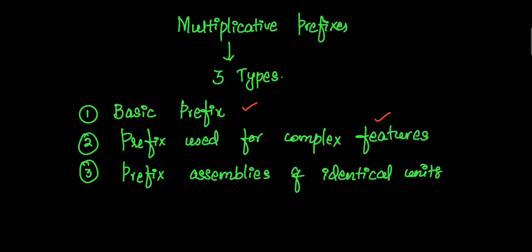And finally we have a prefix for the identical units which are being assembled, like pyridine being assembled into bipyridine, terpyridine, and so on. So when there are 2 such units we call bi, 3 units ter, and so on. Okay, so this is about the multiplicative prefixes.